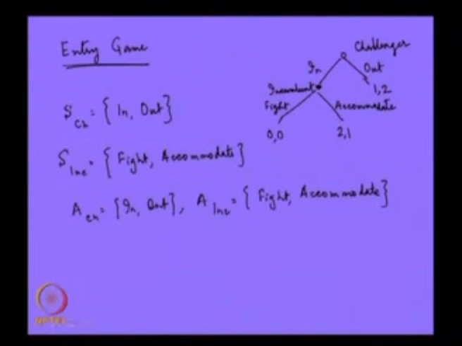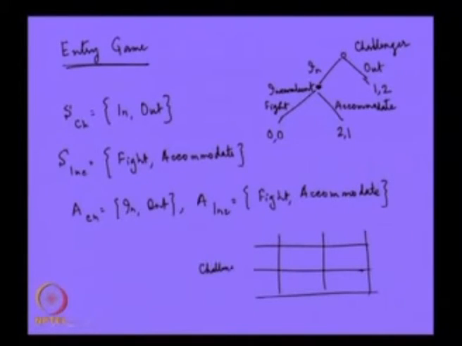And if I know these two action sets, then I can find the Nash equilibrium by looking at the game in what is known as a normal form. So, here I have the challenger, and here is the incumbent.